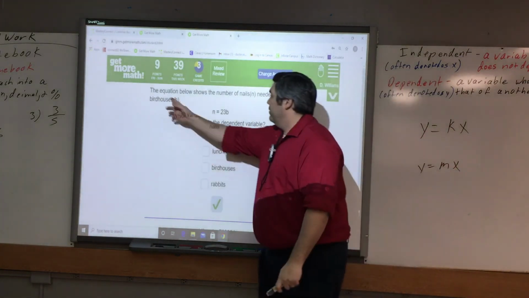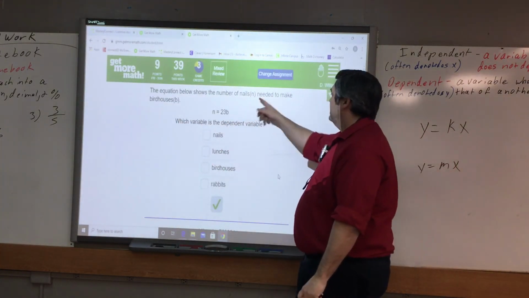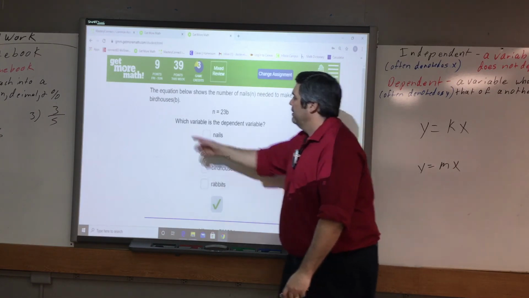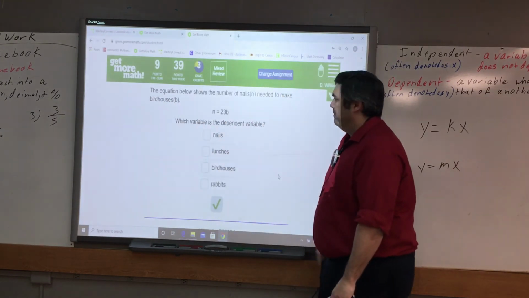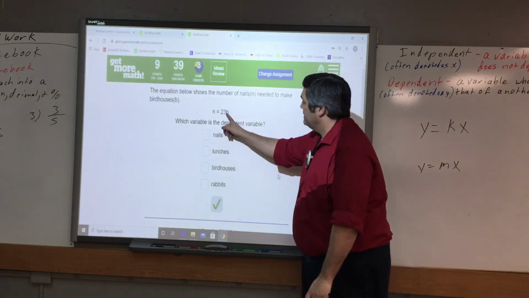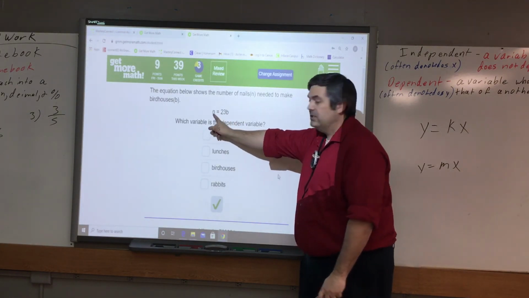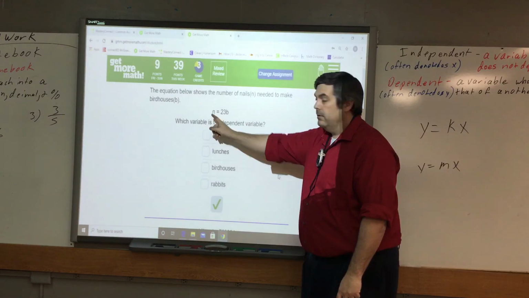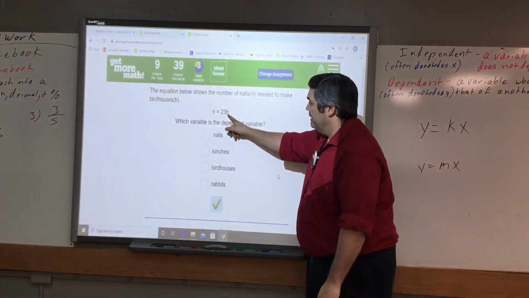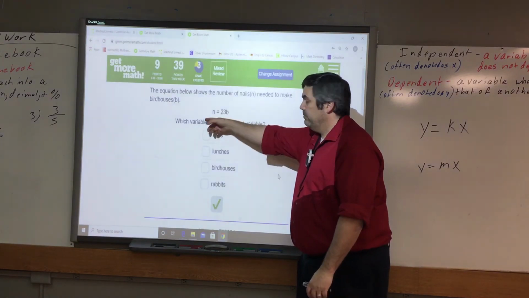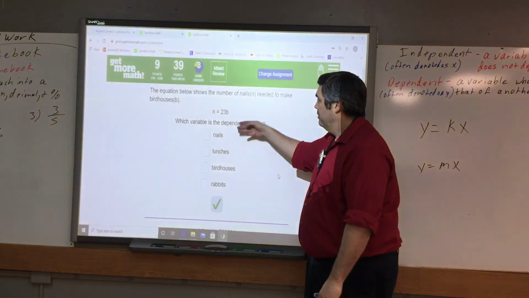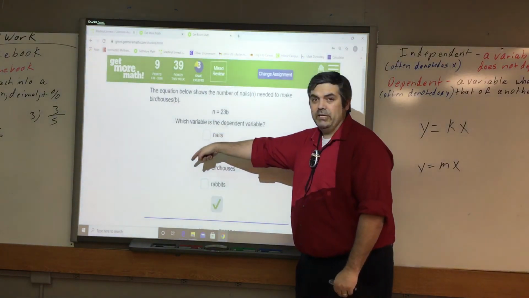Look, the equation below shows the number of nails n needed to make birdhouses B. Which variable is the dependent variable? Now look at this. As I change this one, this will change. Okay, so here, B, I'm going to plug in a number 1, so I get 23 out. But if I plug in 2, I get 46 out, and that's changed.